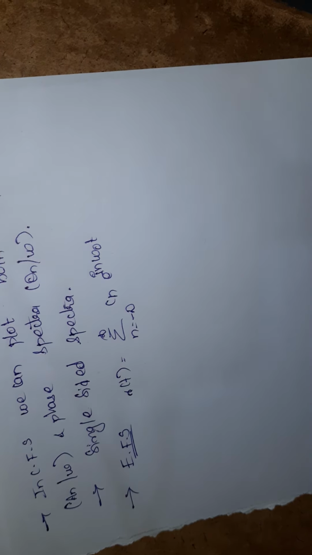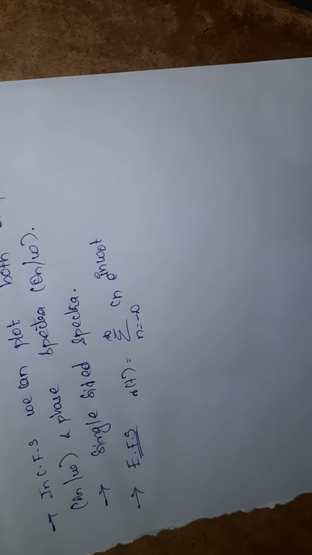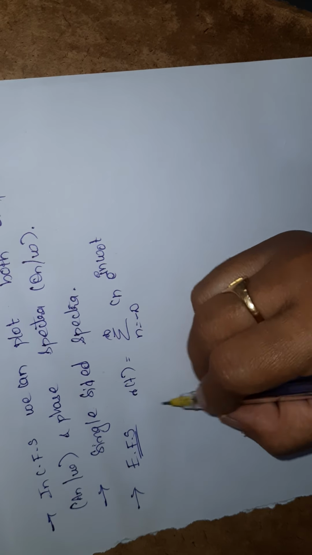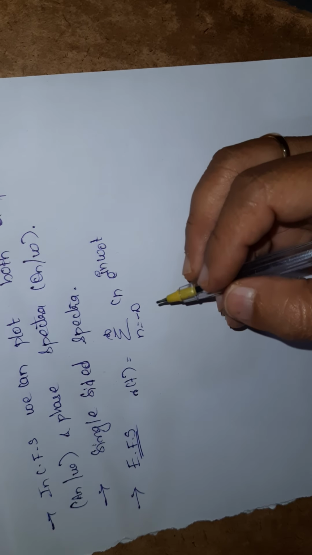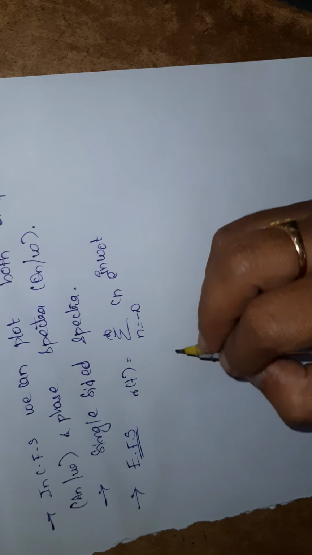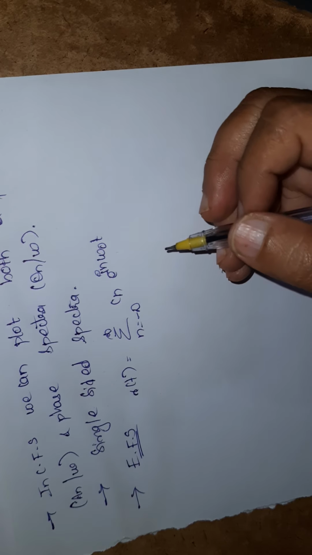The coefficient Cn is a complex exponential coefficient, so it can be represented with both magnitude and phase. Therefore, we can plot two spectra, amplitude spectra and phase spectra.